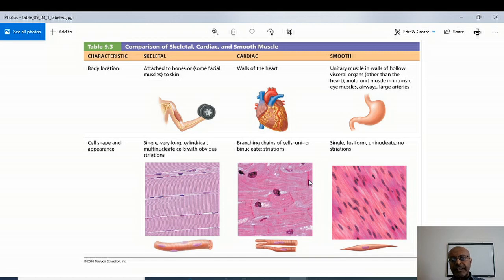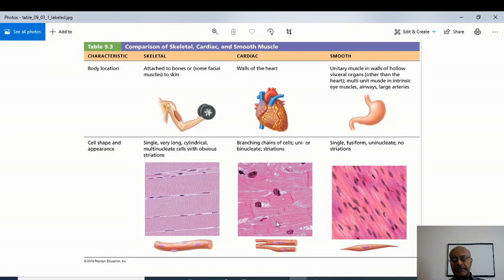They are known as intercalated discs. They are the borders between adjacent cardiac muscle cells. So that means here is one cardiac muscle cell, there is another one, and the border between them is an intercalated disc. This intercalated disc not only connects the cardiac muscle cells, but also facilitates communication between these adjacent or neighboring cells.